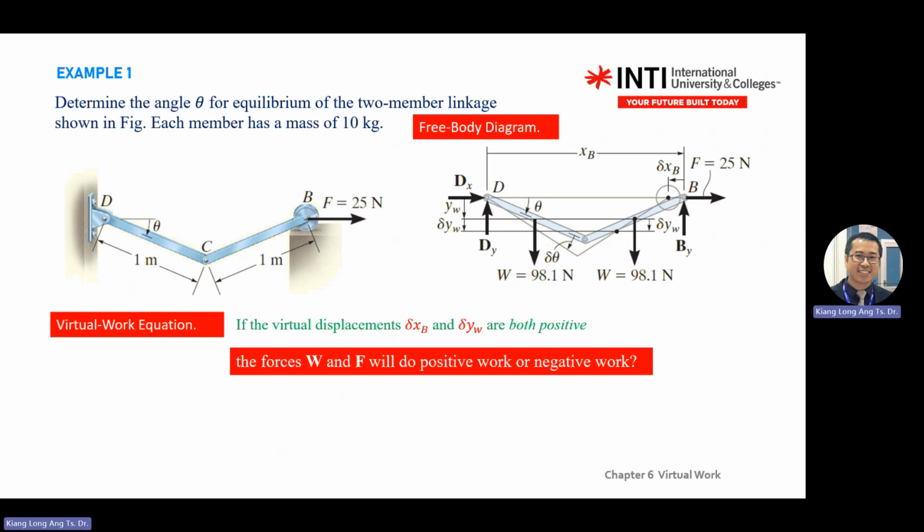You look at W, this one you know already. F will do negative work, W will do positive work. Okay, sorry, will do positive. Why? Because you assume xb and yw both positive. When you have this assumption, then both will do positive work.